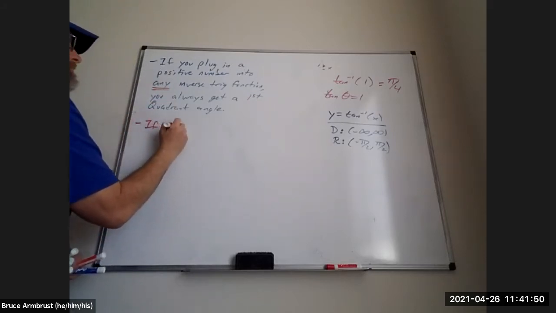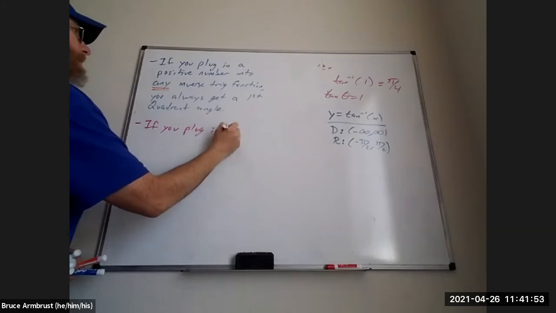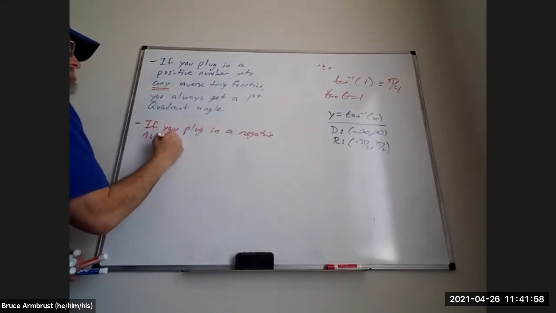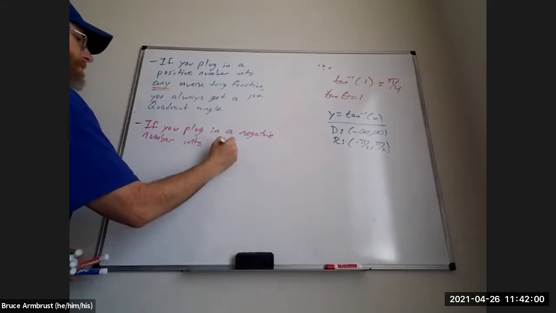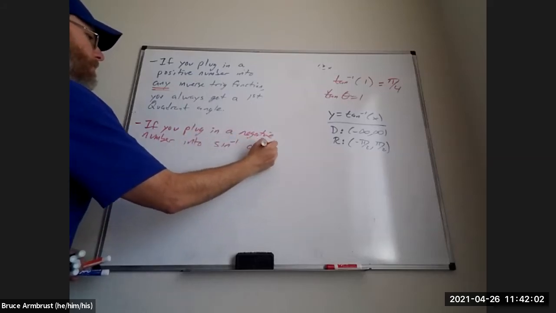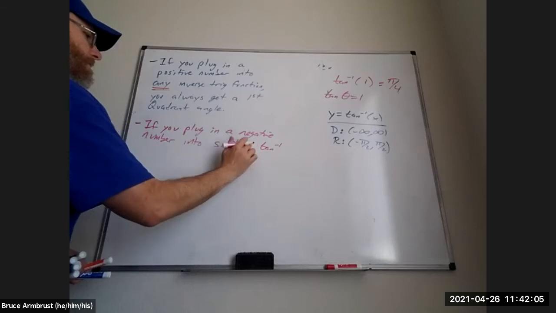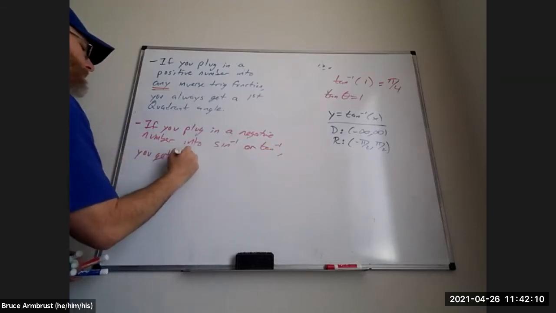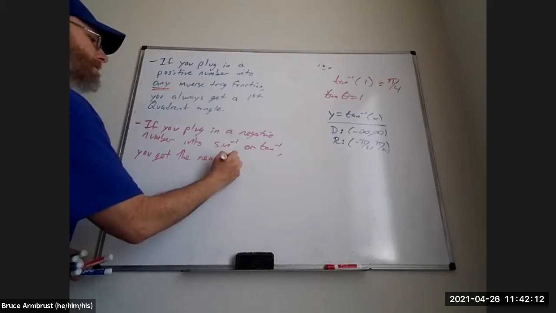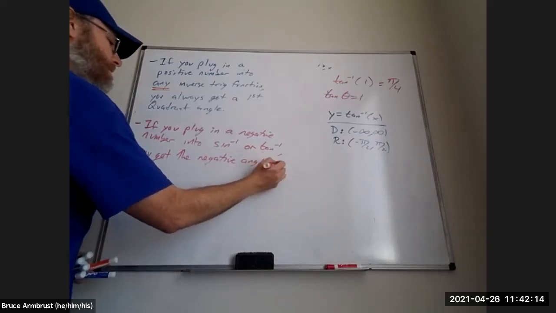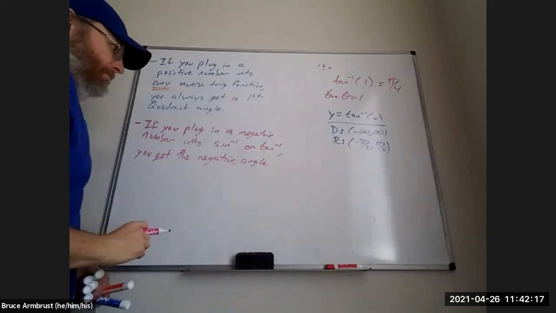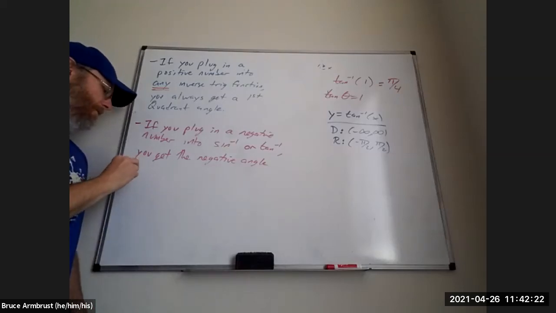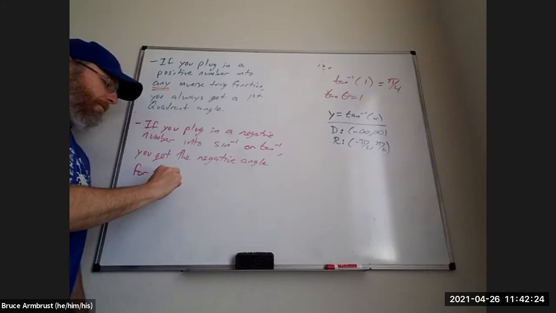Okay, so if you plug in a negative into sine inverse or tangent inverse, you get the negative angle, but for the corresponding positive.